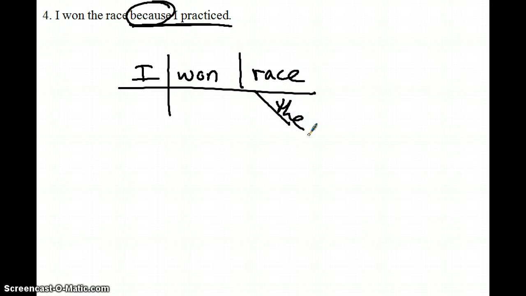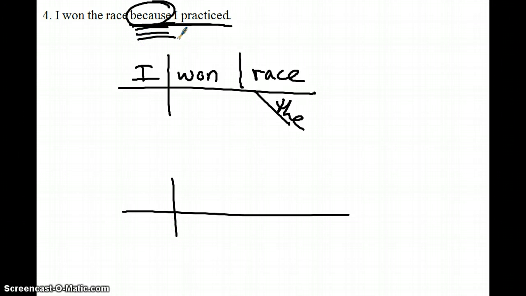Okay. What does because I practiced answer? It answers an adverbial question. It always will because it starts with an awubis word. Okay, subordinate conjunction. It answers the question why or how you won. Okay? Why did you win the race? Because I practiced. How did you win the race? Because I practiced. Either way, they're both adverbial.